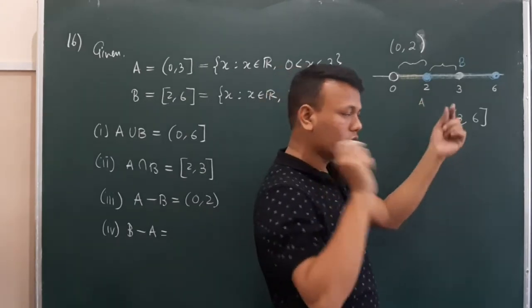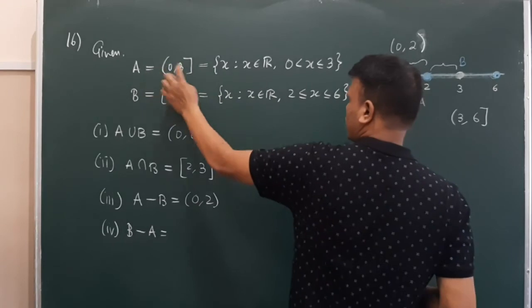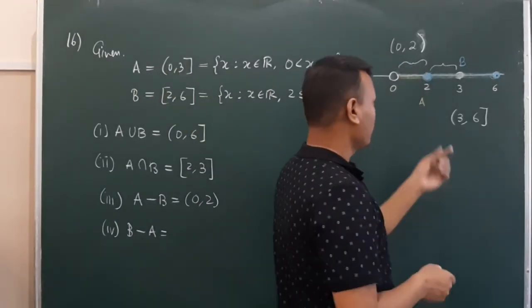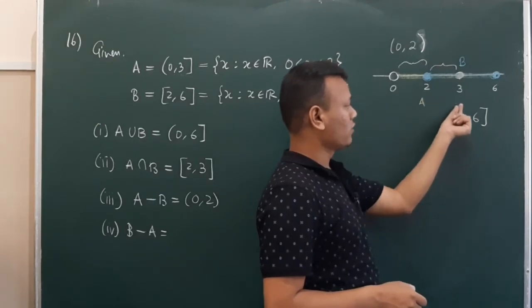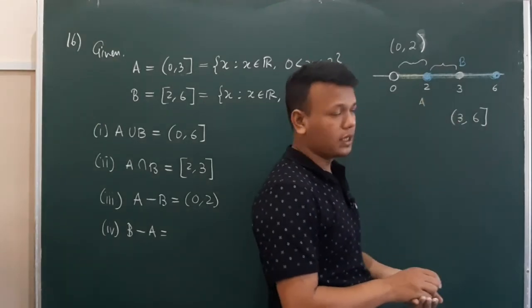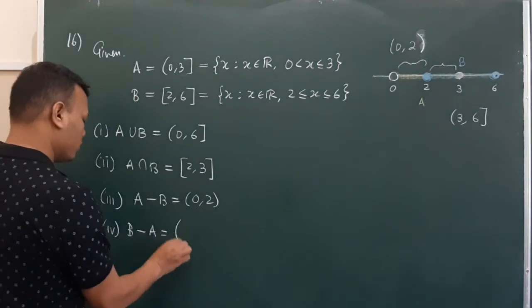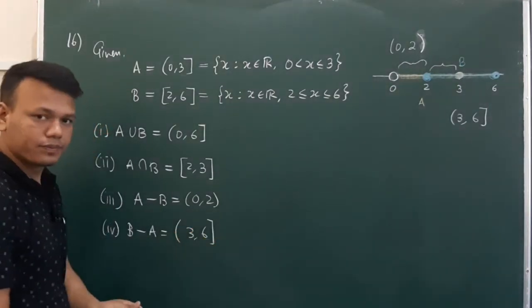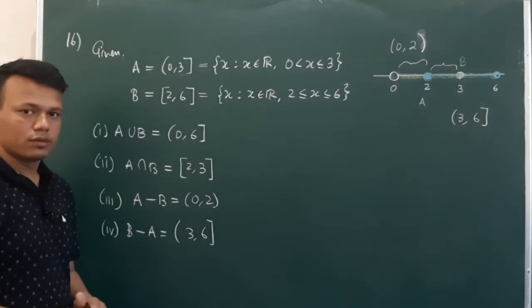Because A already contains 3, as it is a closed interval. So I put open here, and my answer for this will be open-closed (3, 6]. Okay, pause the video and note it down.